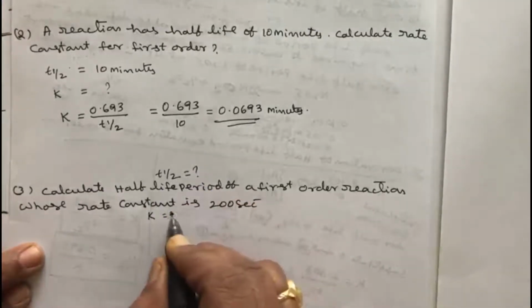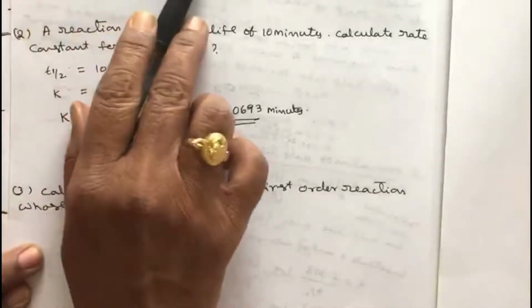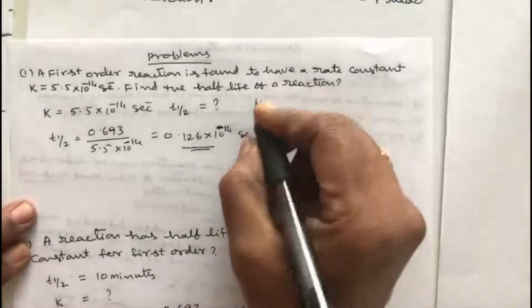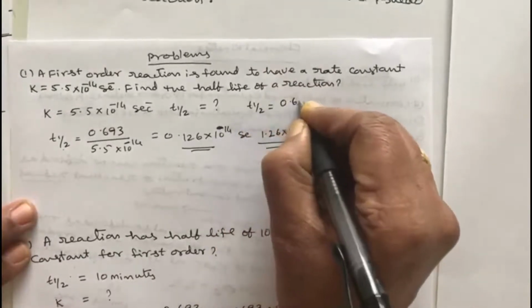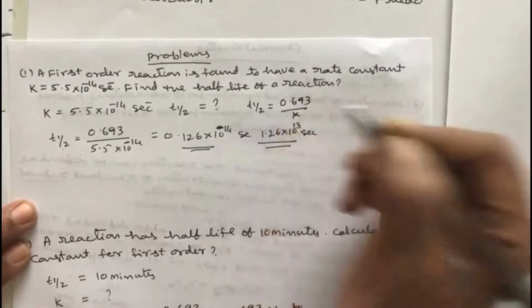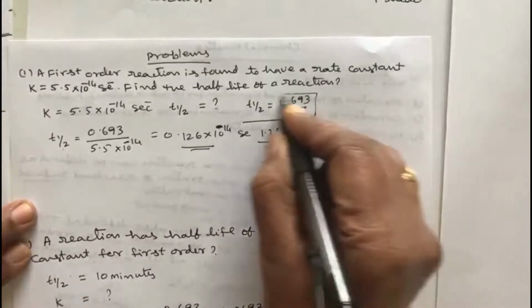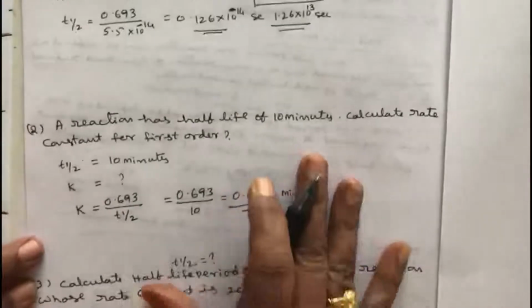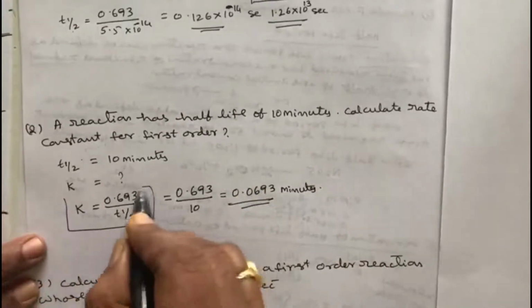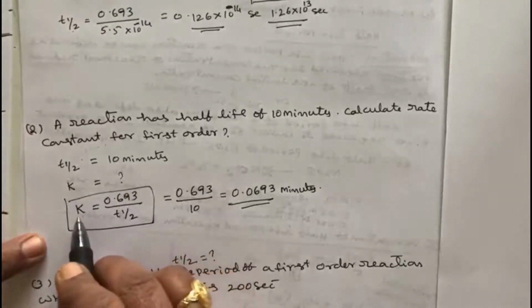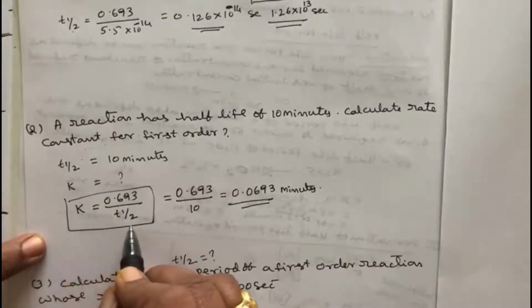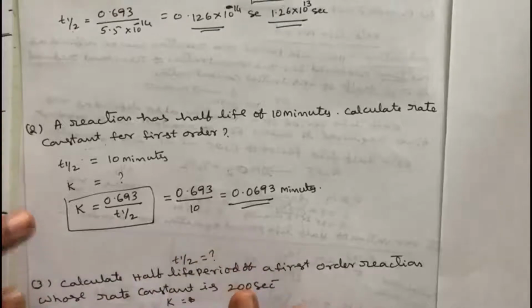K value is given, so we use the formula T half is equal to 0.693 by K. Here the formula is K equal to 0.693 by T half. From T half we can find out K. From K we can find out T half for first order reaction.